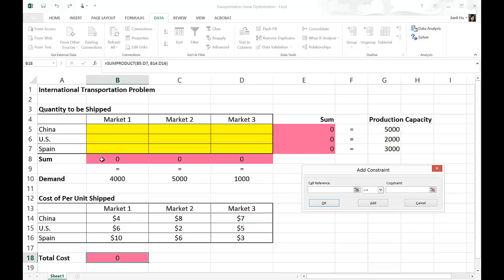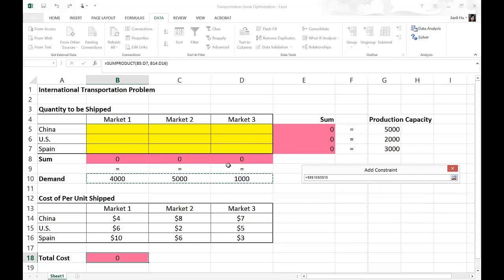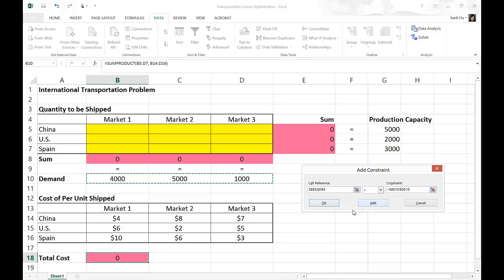Then the second group of constraints is for each market: whatever they receive should be equal to the demand they have. So all the markets, the amount they receive from all the countries should equal the demand of each market.